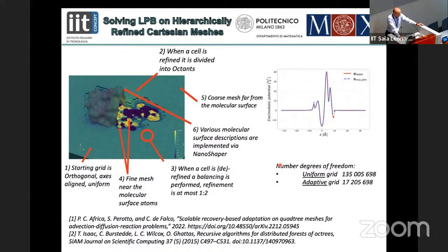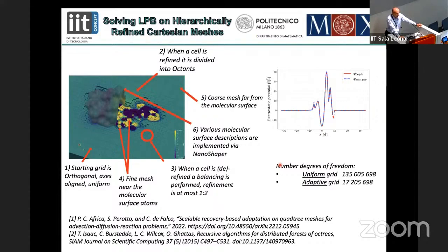While you can refine it where you are interested, either because there is a complex geometry, or because it's where you want to estimate your pKa or something like this. So the rule of the game is to get a better accuracy without increasing too much the number of unknowns of the system we are solving.